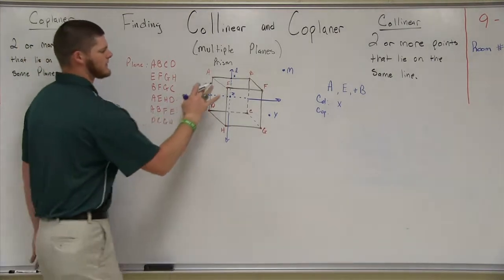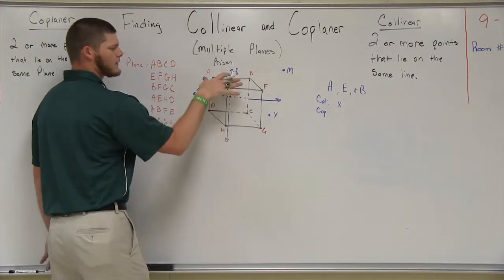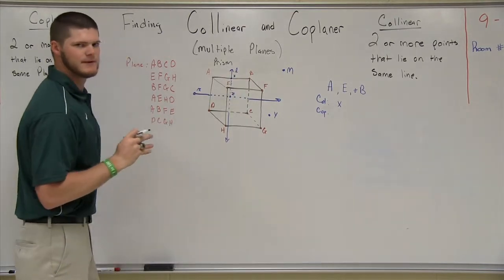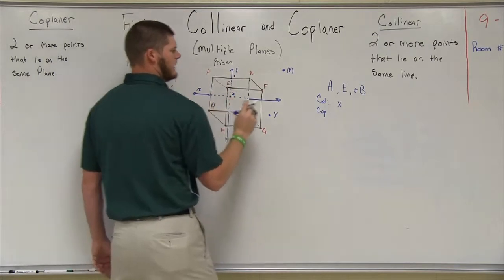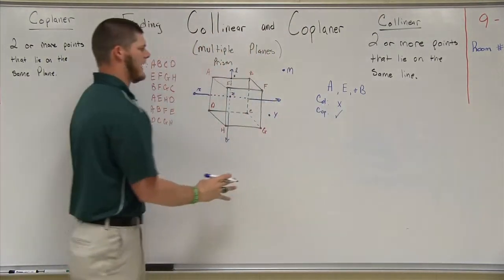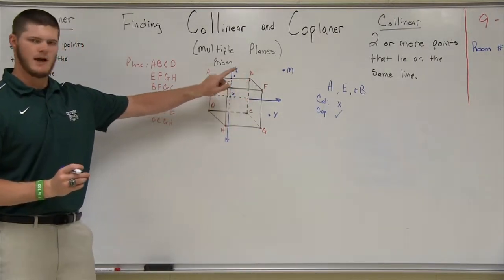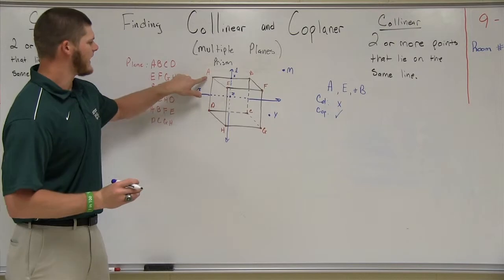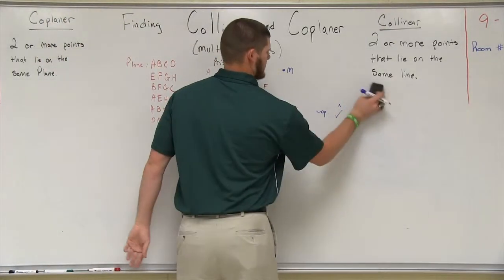But we can also look at this construction and see that A, B, and E all reside on the top of this construction on the same plane. So they would be coplanar. Alright, we kind of see how that works. They're not in the same line, so they're not collinear. But they are on the same plane, so that makes them coplanar.